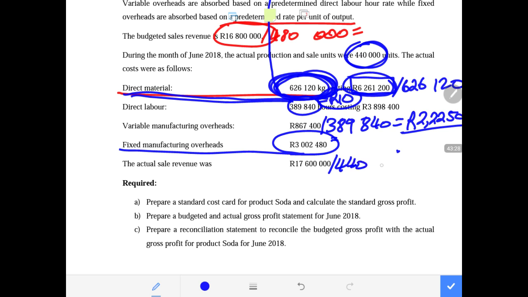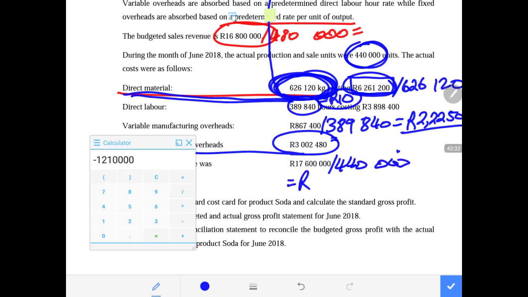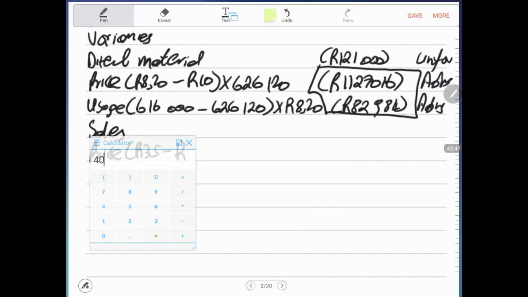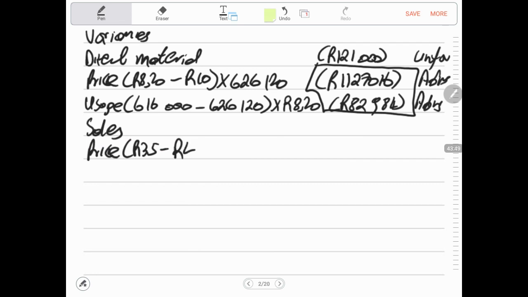So now if we divide this by 440,000 units, we'll get the price at which each unit was sold. 17,600,000 divided by 440,000 will give me 40 rand, meaning this variance will be favorable because we sold our units at a price more than what we budgeted to sell them at.